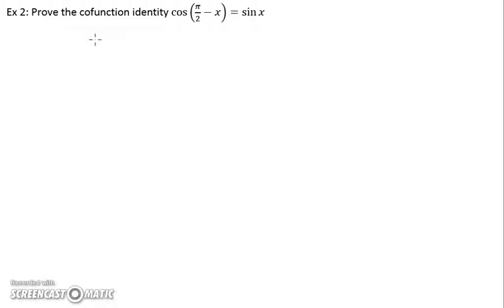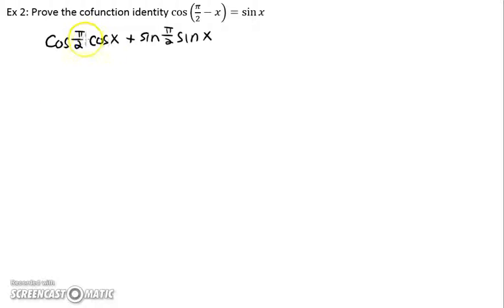So if we look at our list of identities, we know that this is going to be equal to cosine of pi over 2 times cosine of x, so that's cosine u cosine v, plus sine of pi over 2 sine of x, so that would be sine u sine v based on our formula sheet.